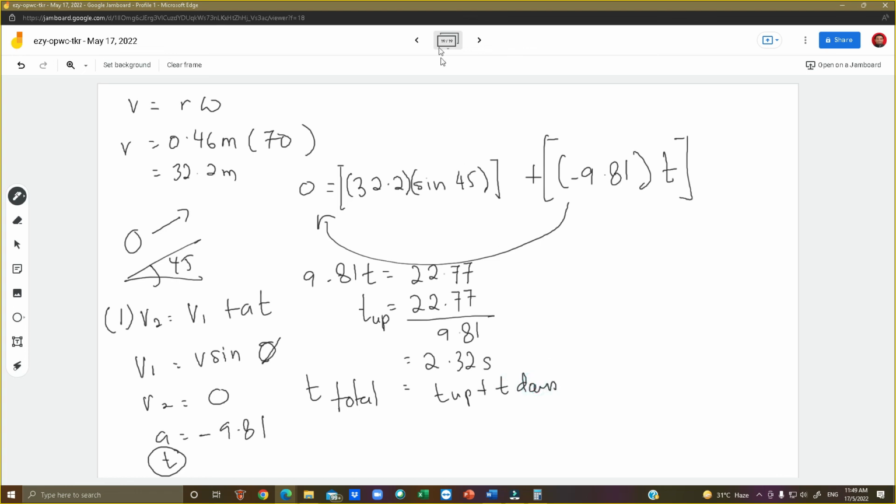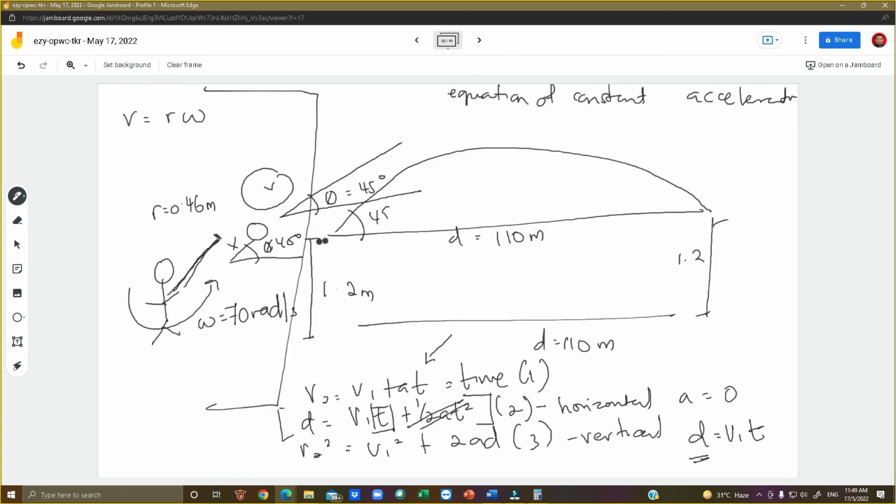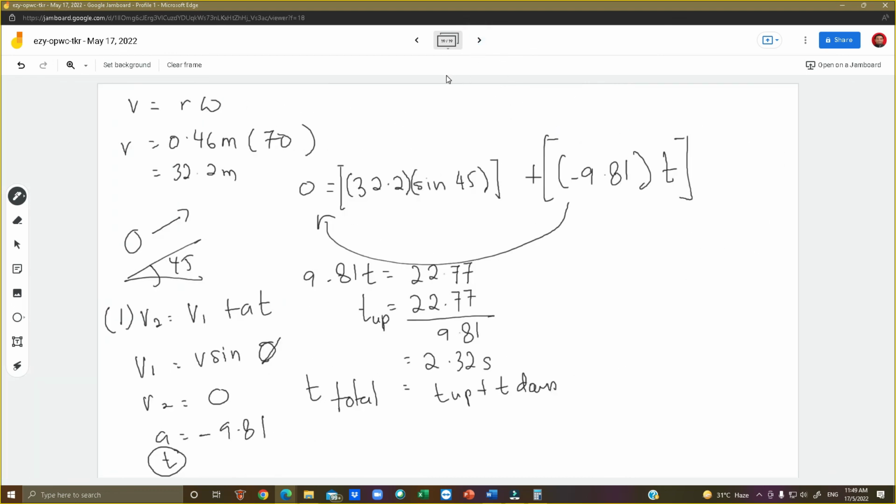And since the start point is equal to the end point, T up and T down are similar. This is the projectile we learned in the third week. Means that T total equals 2.32 times 2, which is 4.64 second. Okay, we have found the time.